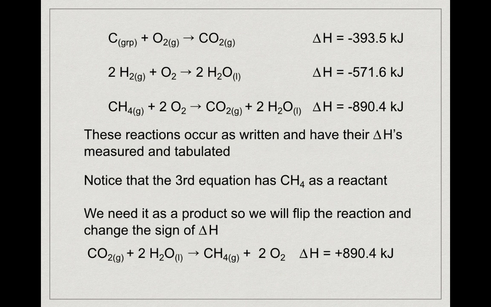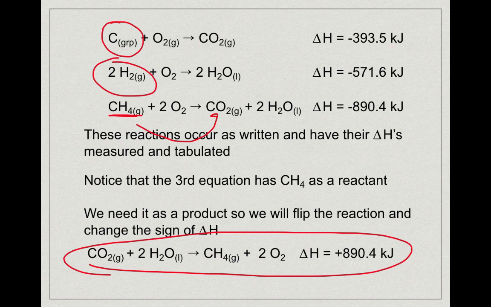Notice that the top reaction has carbon in graphite form as a reactant, and that's where I need it. And we have 2H2 as a reactant, and that's where I need those. This third reaction has methane as a reactant, but I need it as a product. And so that's why we have flipped this reaction down here. Notice all I did was change the sign of delta H.